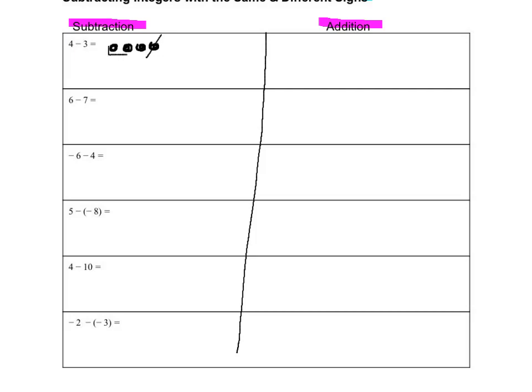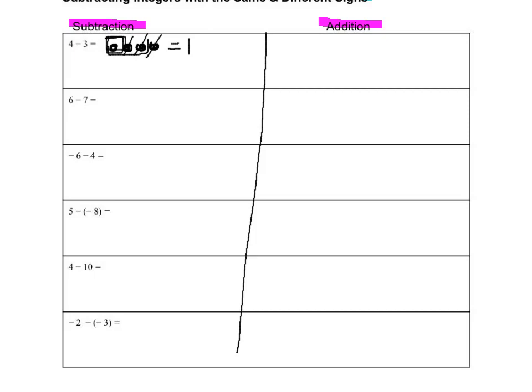That leaves me with, I need 3 to go away, sorry. That leaves me with 1 left over, so my answer is 1. We don't really have to do anything special there because we're not dealing with a mixture of positive or negative numbers, and it's the subtraction we started with as younger students, and the bigger number comes first.